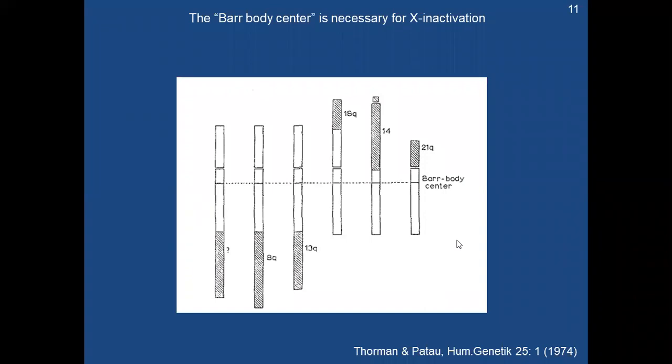Then they did some experiments, summarized here, which suggested that there was a particular region in the X chromosome responsible for this thickening, or heterochromatinization. The white bars here represent the X chromosome, the P arm and the Q arm. A striped region means there is a translocation going on, in an abnormal situation like cancer.